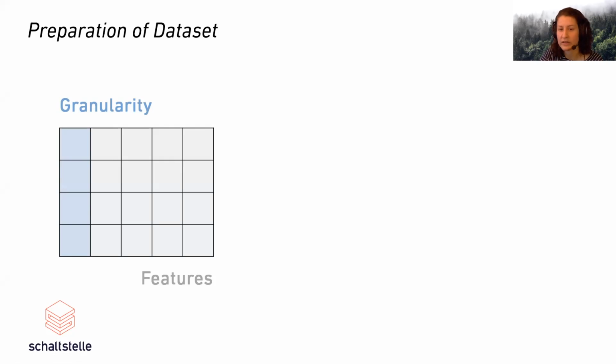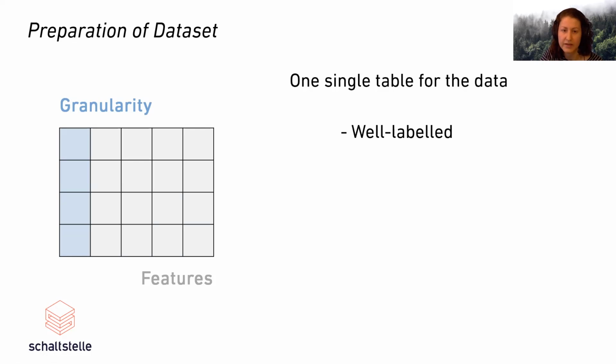We decided, for example, to have the granularity of days, since our prediction question was how many skiers per day will be on a mountain. So the granularity was an easy decision for us. The data needs to be well labeled, so that you know exactly what is in which column. It should be annotated and cleansed.